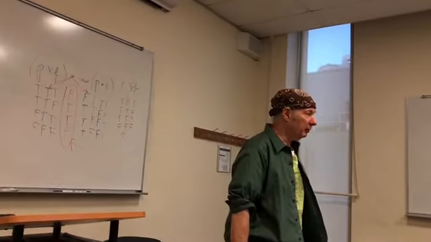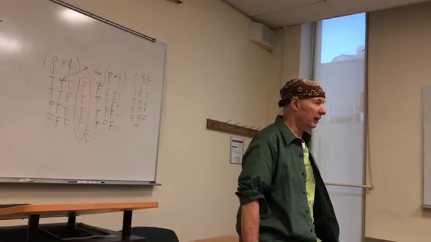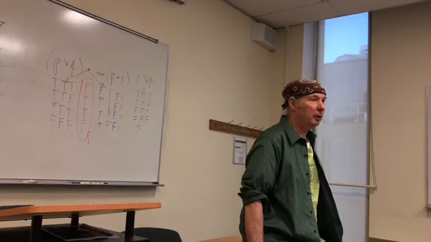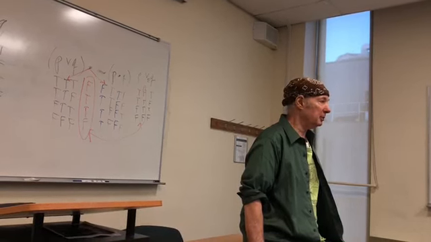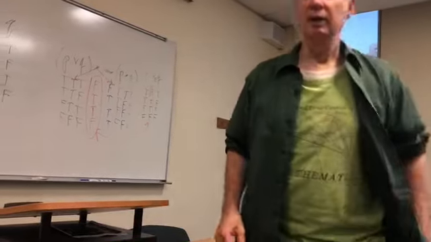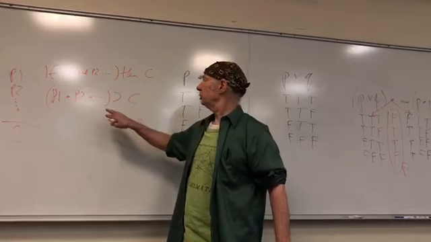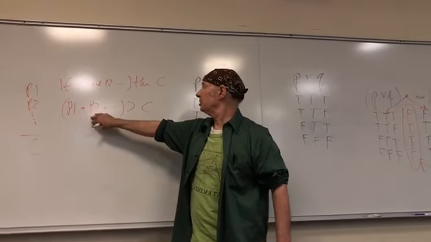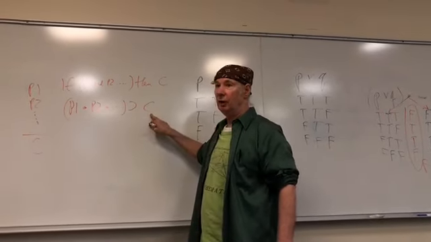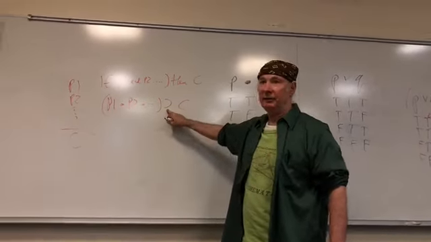Remember, a loophole to an argument shows the argument is not valid, and a loophole is some situation in which your premises are true and your conclusion false. So if you found an assignment of truth values that made your premises true and your conclusion false, that would be a loophole, and we'd have to put an F here.